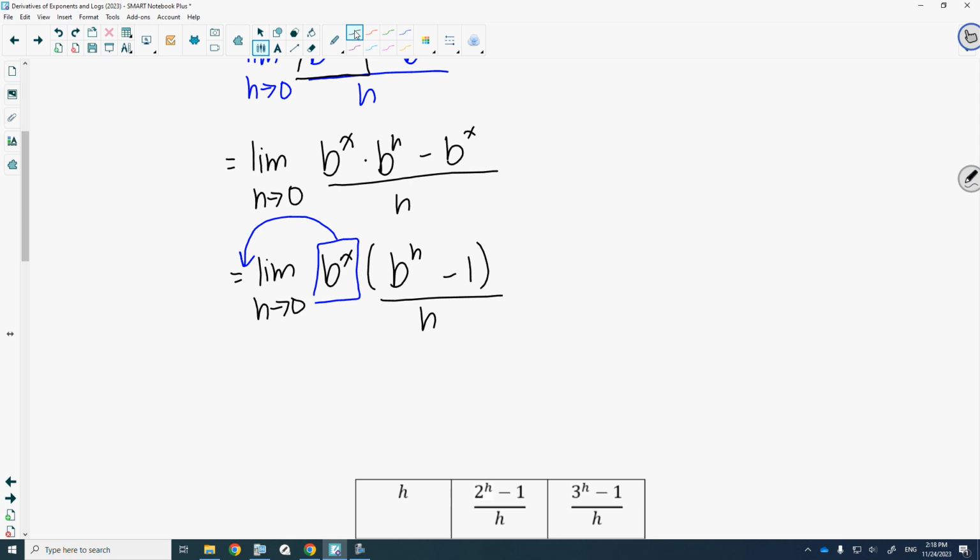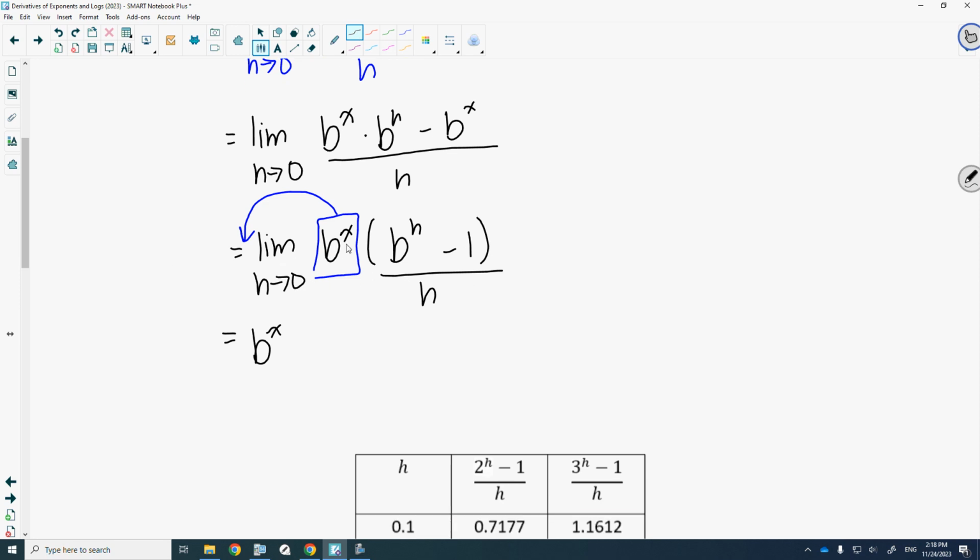And I could say, okay, this is going to be equal to b to the x I could pull out, because as h approaches 0, that's going to affect this portion of the limit. So pull out this b to the x, and then I have the limit as h approaches 0 of b to the h minus 1 all over h.